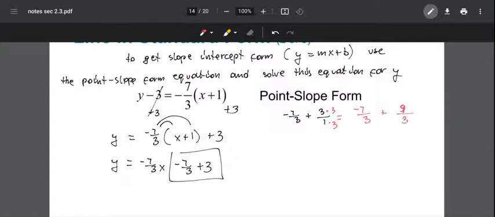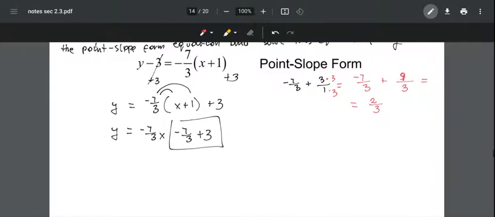So 9 over 3 is still 3, but now we have a common denominator. So we have 9 minus 7, which is 2 over 3. So y equals negative 7 over 3 x plus 2 over 3 is the slope-intercept form.